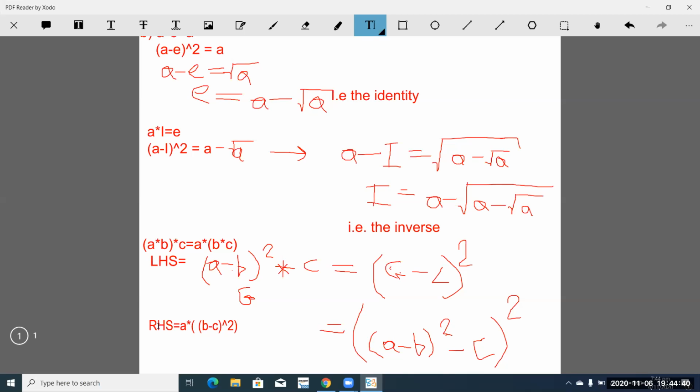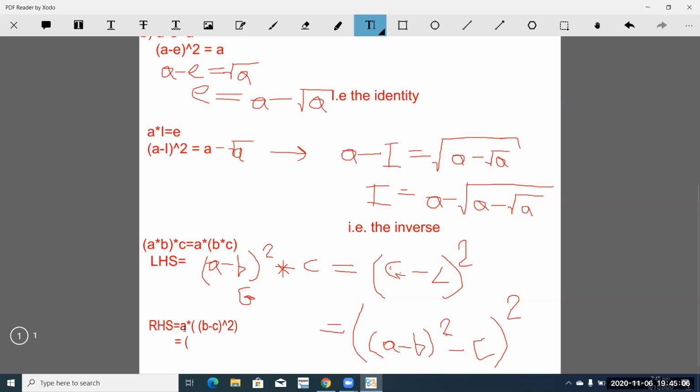So then what is A star B minus C all square? It would be open bracket, another open bracket, B minus C squared minus B minus C. Why would it be B minus C?